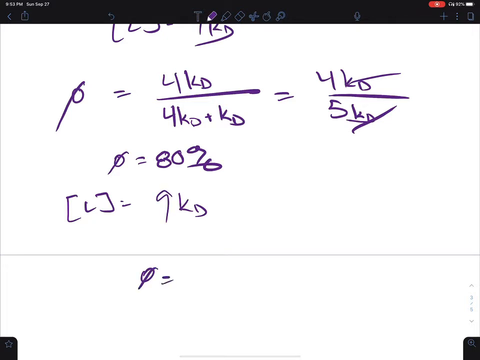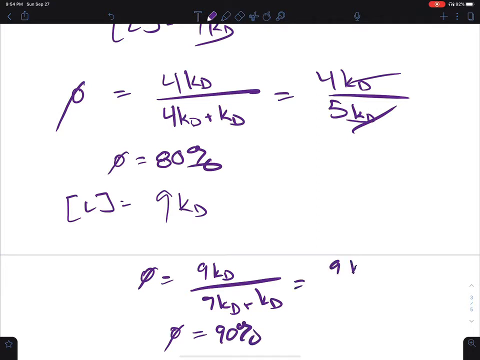Then theta would be equal to 9 Kd over 9 Kd plus Kd, which would be equal to 90%, right? 9/10.